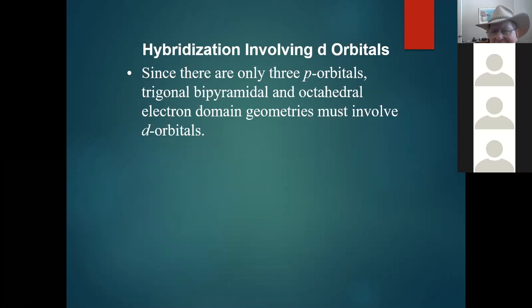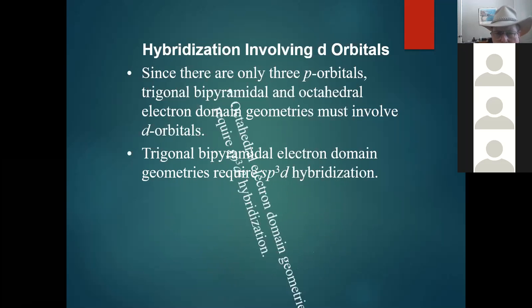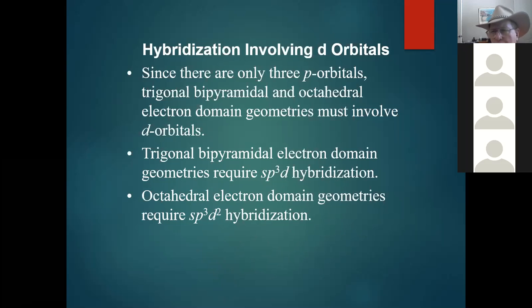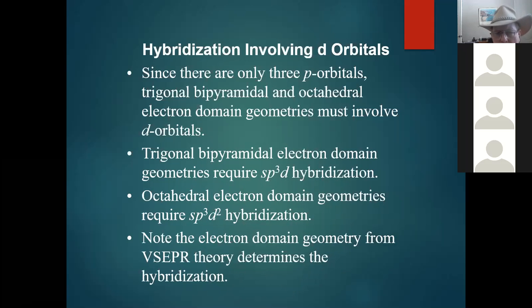If I have to add a d, I'm going to get sp3d hybridization to do the trigonal bipyramid. Octahedron is going to be sp3d2. Again, this last thing, that's the whole beauty of this.